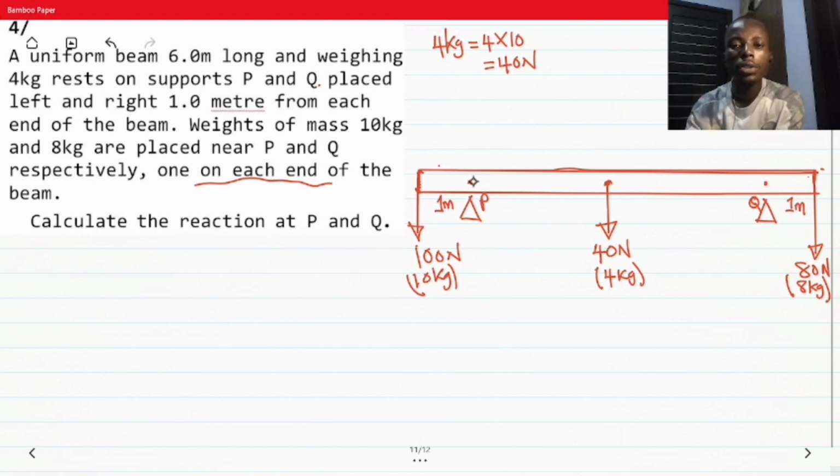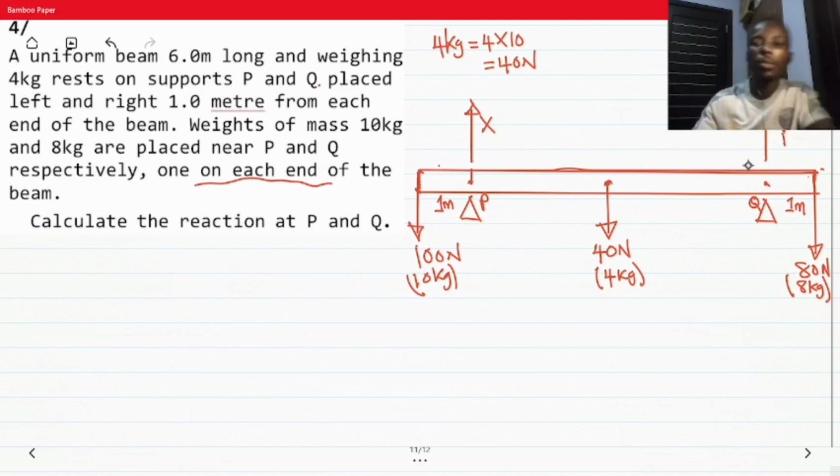So I draw something that looks like this. This is my reaction force. Let me call it X at P. Then on Q, I'll draw it up. Reaction force is always directed upwards, so that's why they are facing upwards.